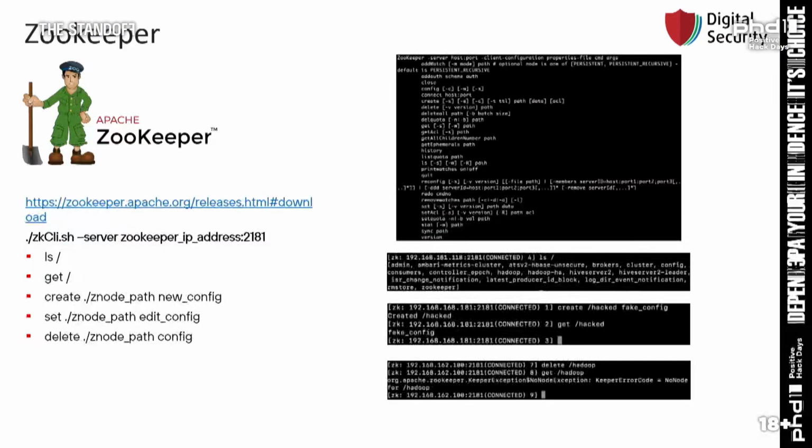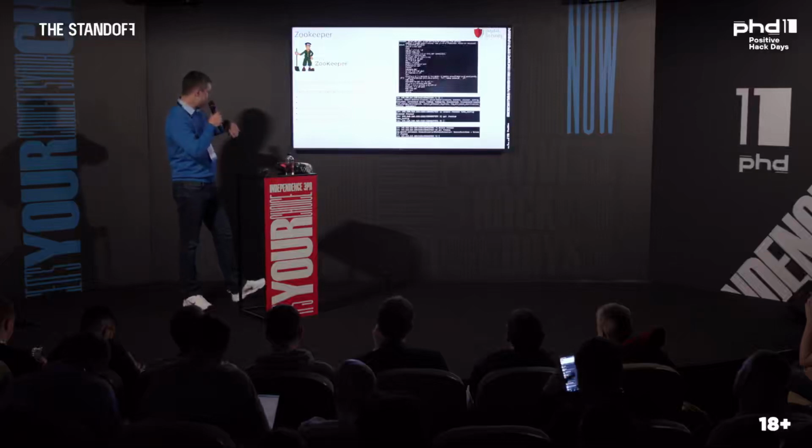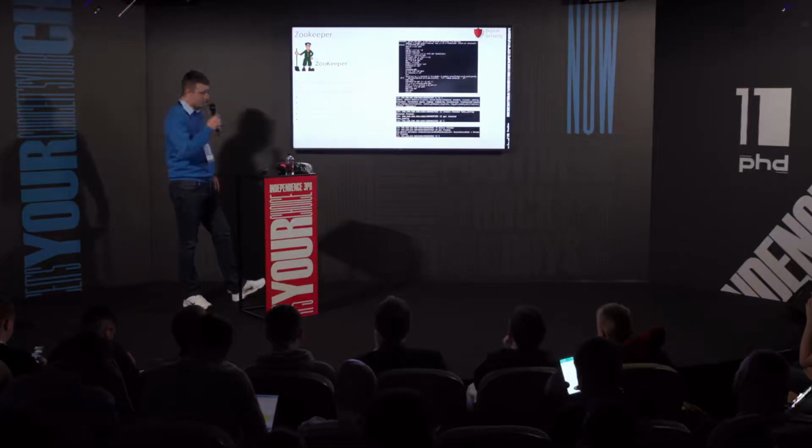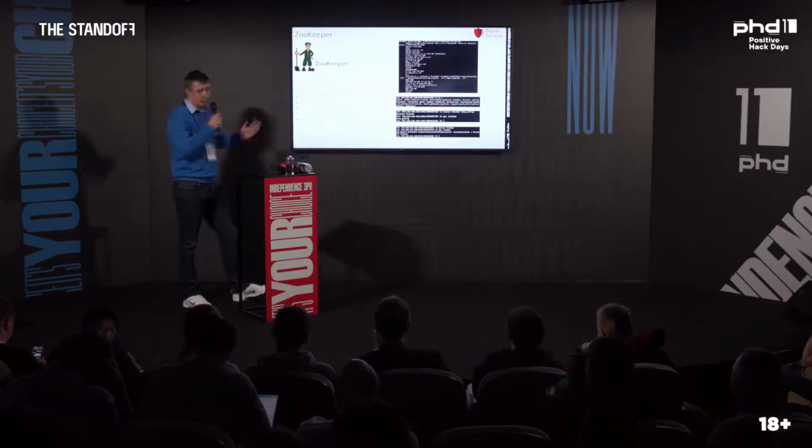You change the configuration on the node, and it changes on all of the nodes of the cluster with ls, get, create, and delete. Very simple commands. We can delete configuration, we can create, whatever. We can achieve the same effect as with Hue and Ambari, but with this console Zookeeper solution.